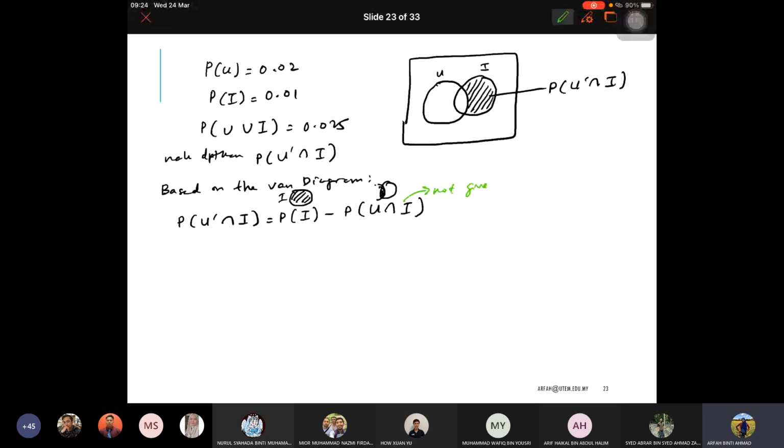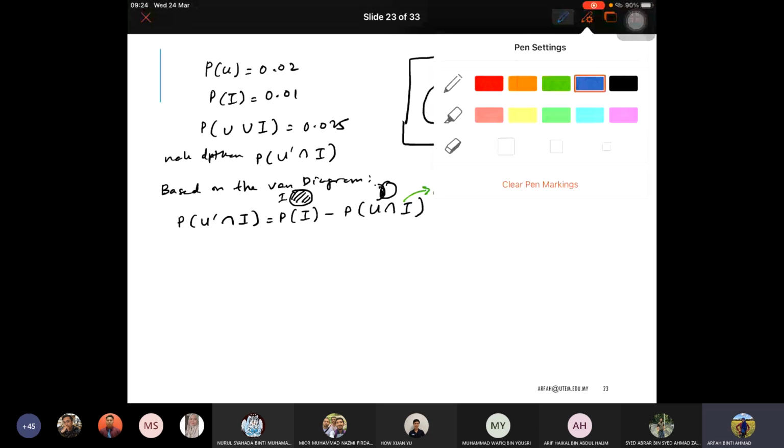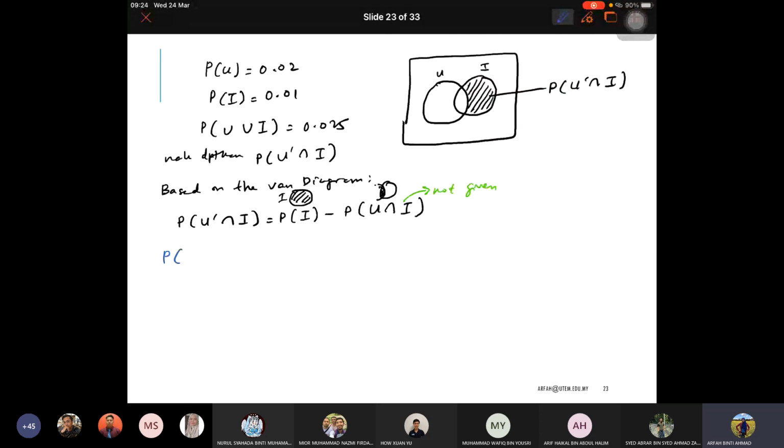So kita kena calculate. Calculate using probability of U and I akan sama dengan P(U) plus P(I) tolak probability of U or I. So sama dengan 0.02 tambah 0.01 tolak 0.025.